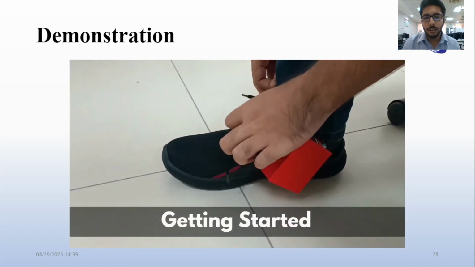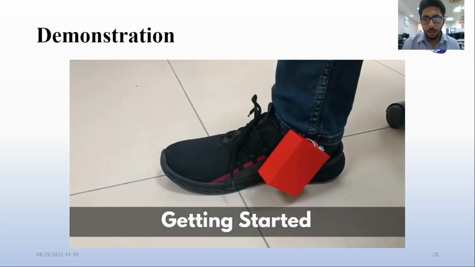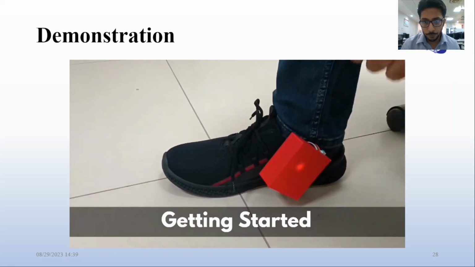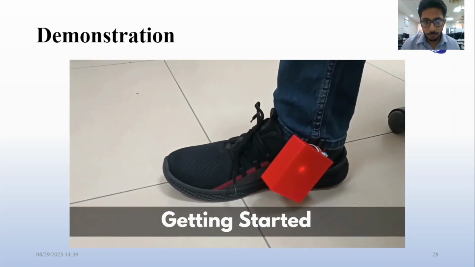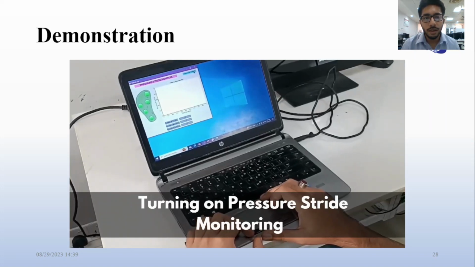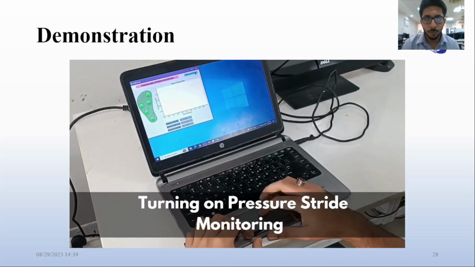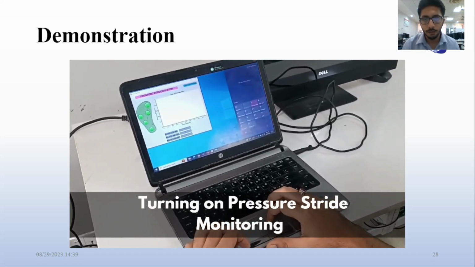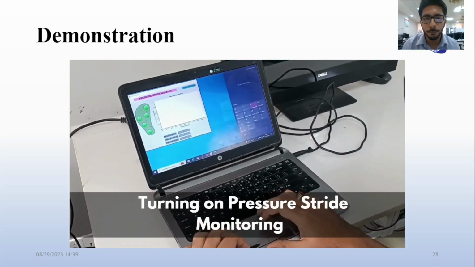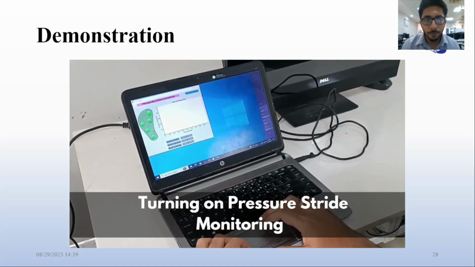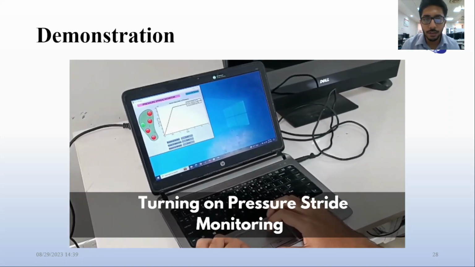Here, getting started, and the switch will be on. After that, we will connect to ESP32 over Bluetooth, turning on pressure stride monitoring. After a few seconds, it will start.